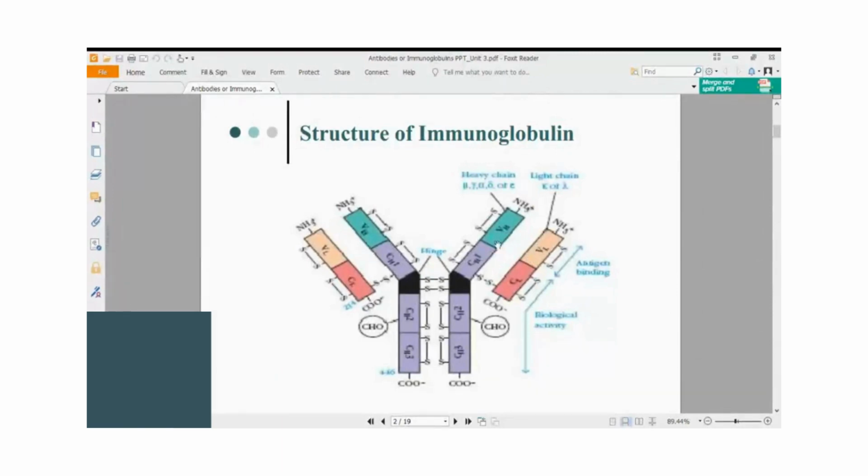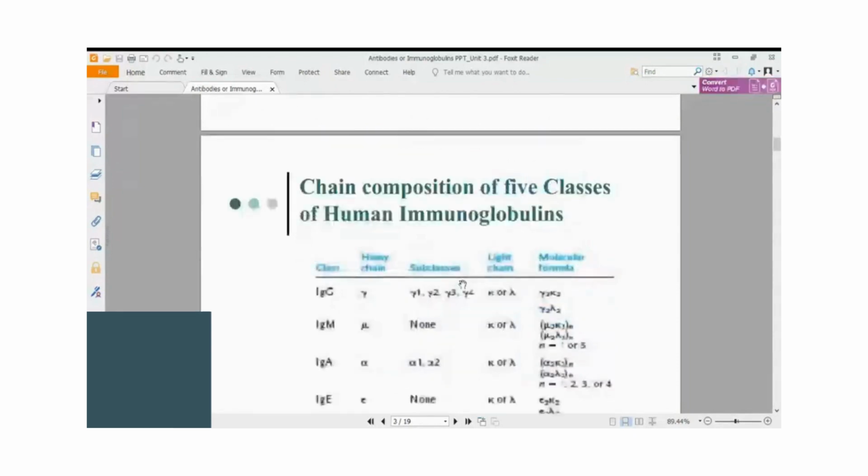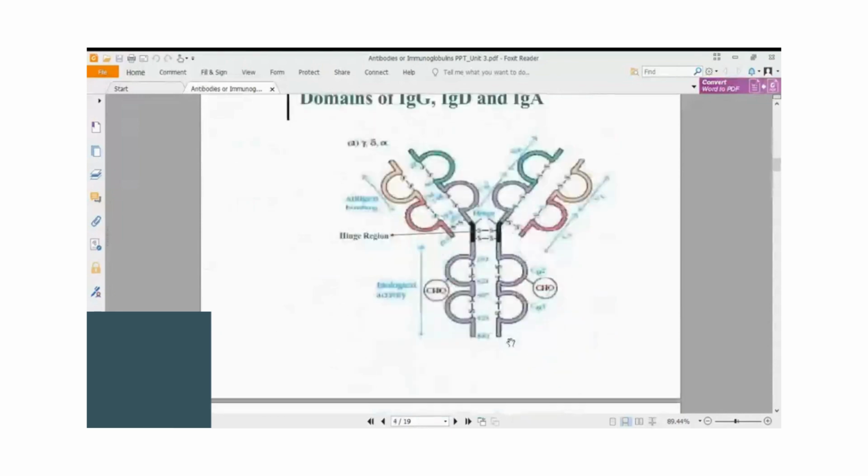So that is how the antibodies behave, and their specificity to bind to the antigen lies in the variable region, and that too in the hypervariable region or complementarity determining region. That is as far as the generalized structure of the antibody is concerned. If you are asked a question to write an account on the generalized structure of the antibody, you may draw this diagram or this diagram, and explain about it.